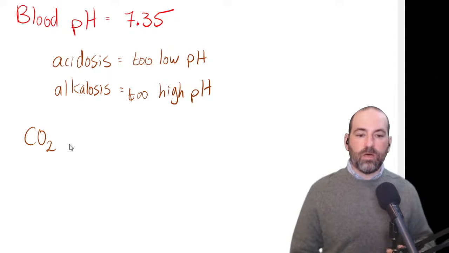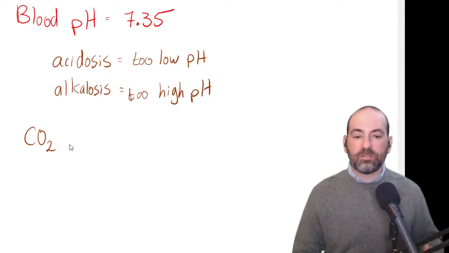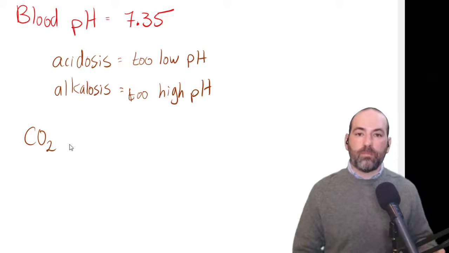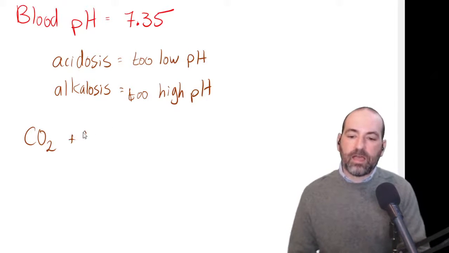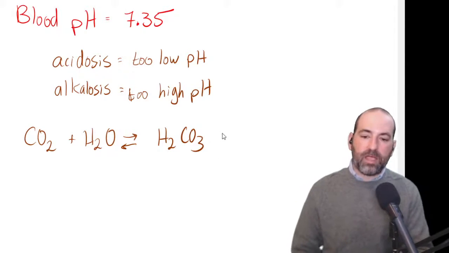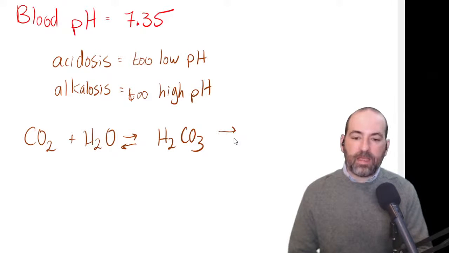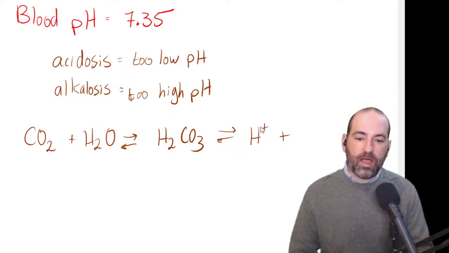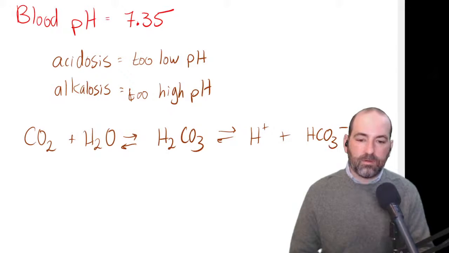So when your cells undergo respiration, they produce carbon dioxide. Carbon dioxide and water make carbonic acid. And this goes back and forth. And then carbonic acid can also dissociate into hydrogen or hydronium and bicarbonate.